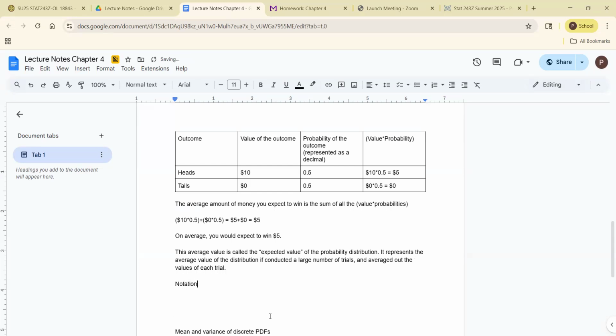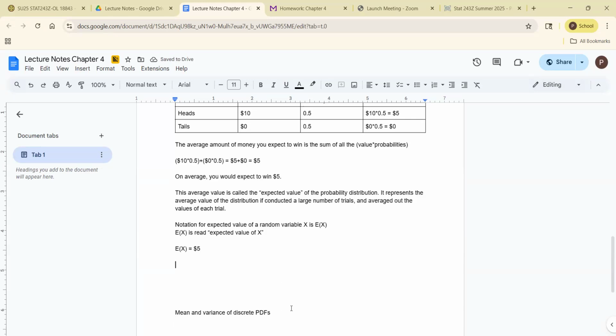The notation for expected value of a random variable x is E of x, and it's read the expected value of x. So in our example, the expected value of x is $5.